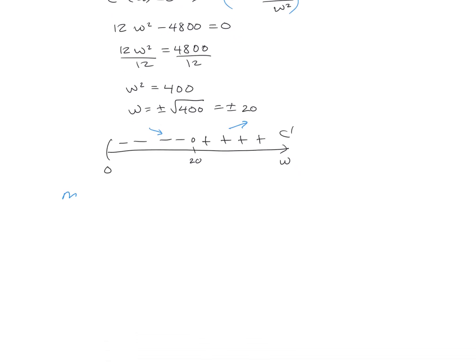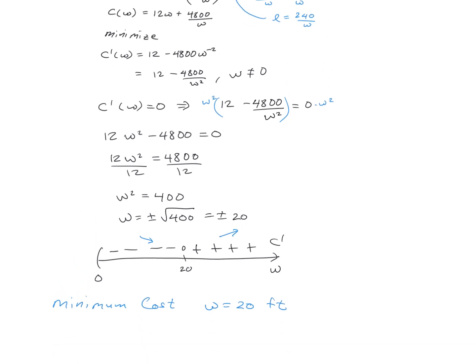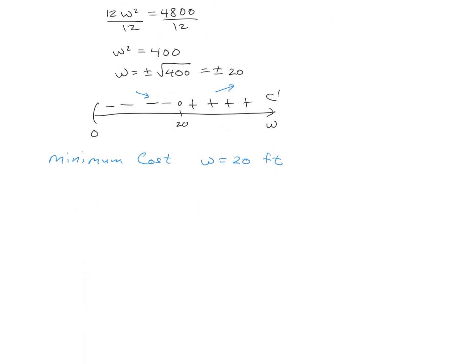So we have the minimum cost when W is 20 feet. We can now backtrack to get the other dimensions. We know that L is 240 square feet divided by W, which is 20 feet. That ends up being 12 feet.